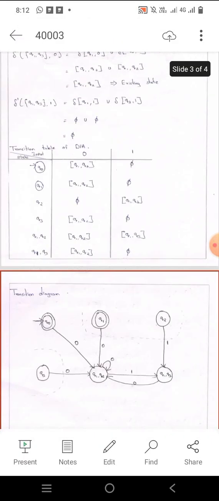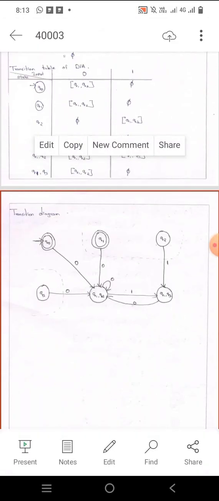So see, in this table also, we got new final states. Already I told you that Q0 and Q1 are final states. Now whatever state combines with Q0 or Q1, that state will also act as a final state. So here Q1, Q2 will also act as a final state. Q1, Q3 will also act as a final state.